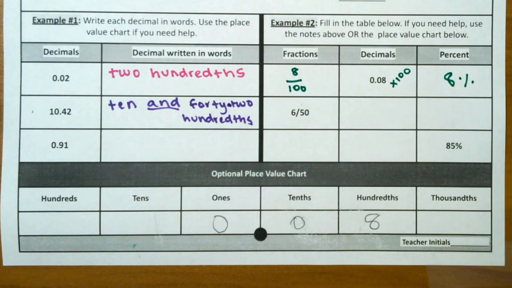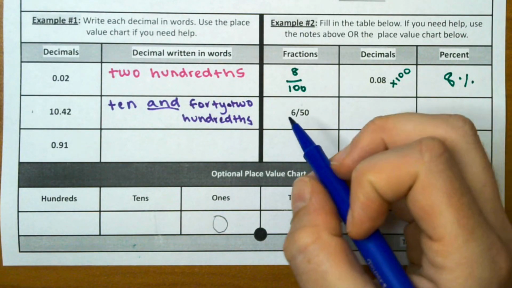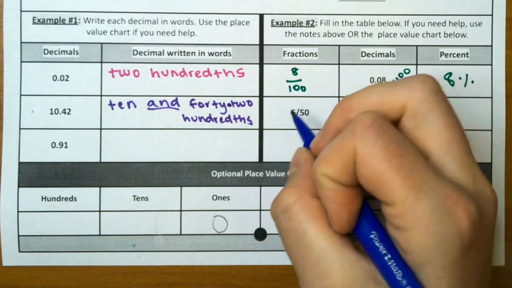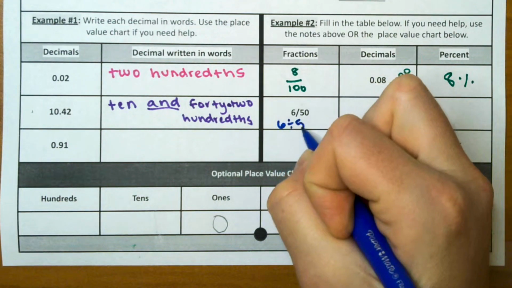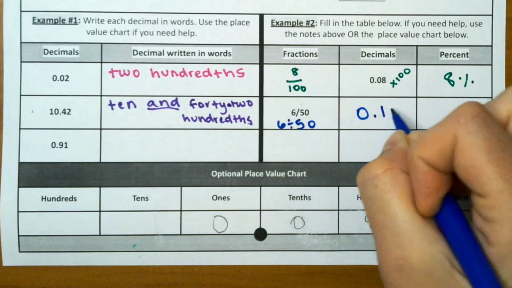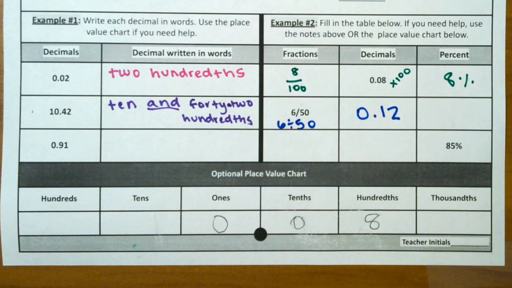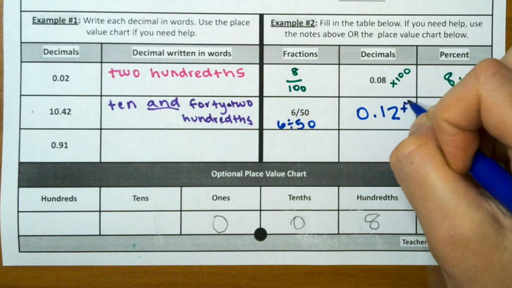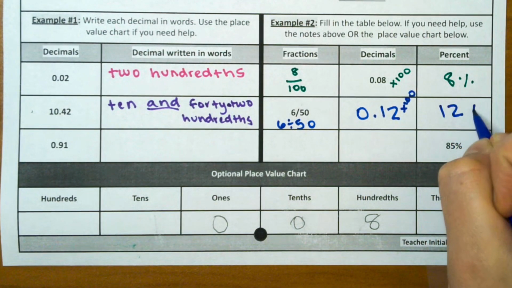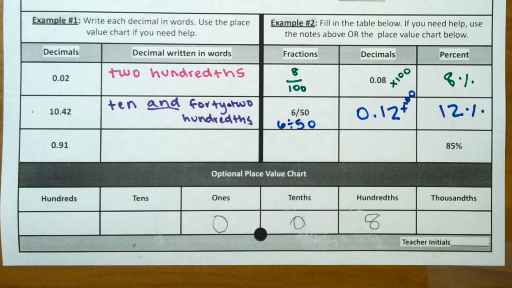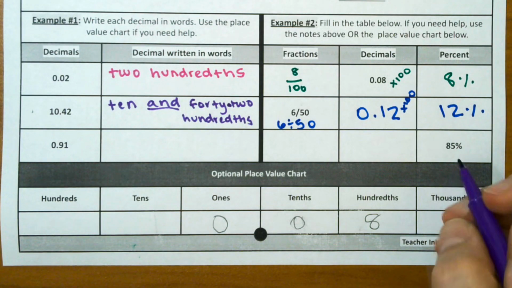All right, so we're quickly going to check our work for example 2. To convert 6/50ths to a decimal, you should have done 6 divided by 50 and gotten 0.12 or 12 hundredths. Then you can multiply that by 100 and get 12%. For our third row, we have 85%.